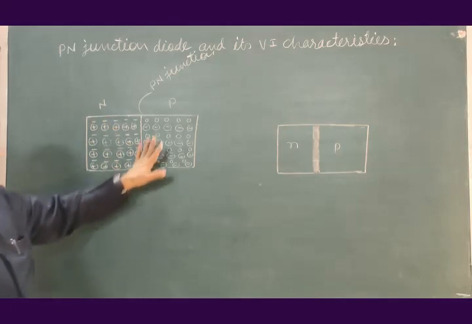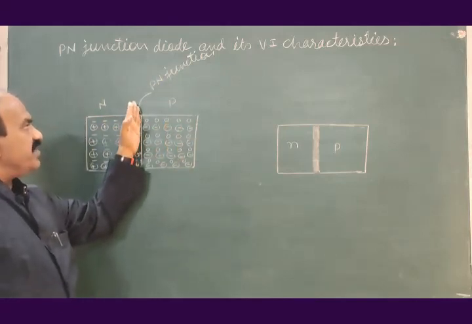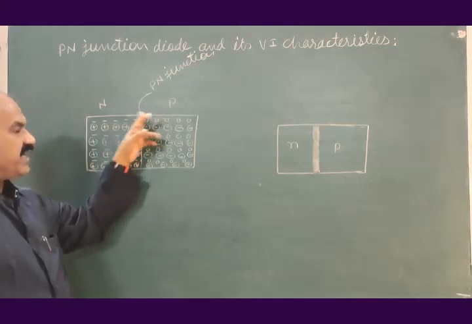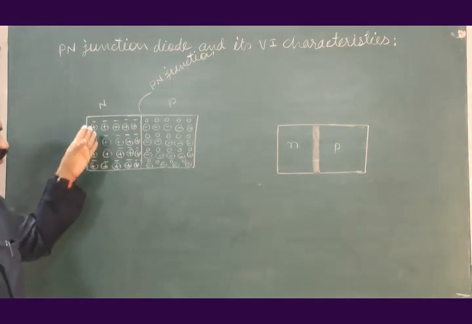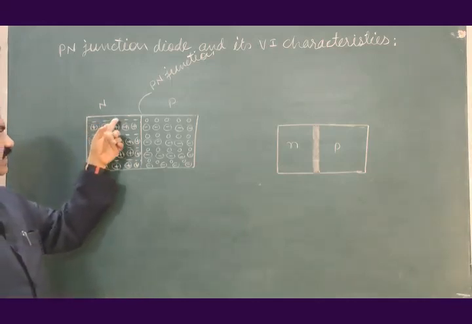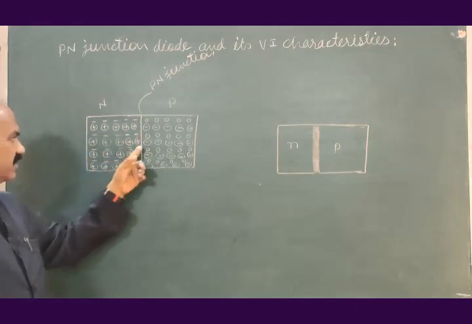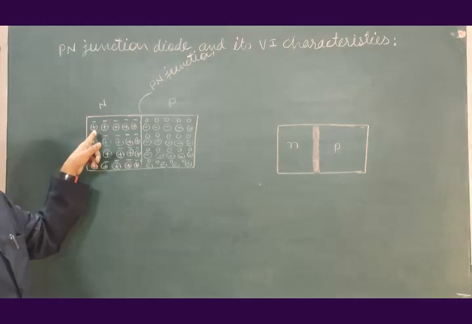N type of semiconductor, P type of semiconductor, PN junction, that is junction between P type and N type. So it is PN junction. N type of semiconductor is having free electrons. What is there?